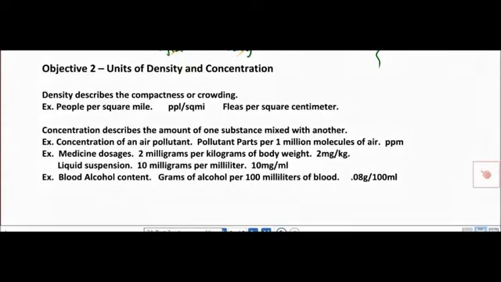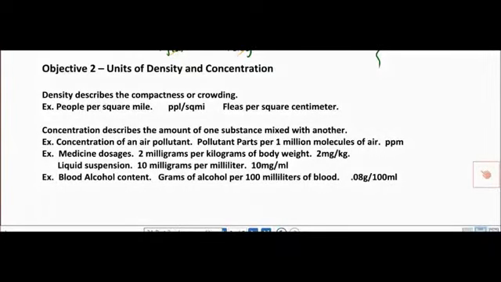You'll also see it with medicine dosages, maybe 2 milligrams per kilogram of body weight, and that would be used to help figure out a dosage for a particular person. Or maybe a liquid suspension, children's Tylenol or Advil or maybe Benadryl liquid. The suspension might say 10 milligrams per milliliter.